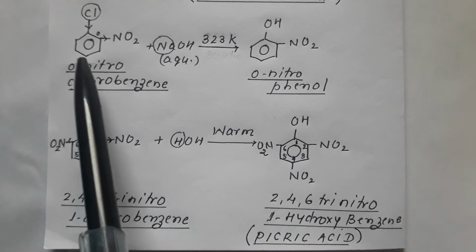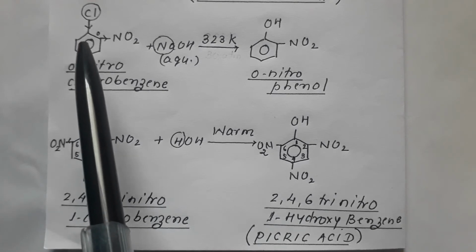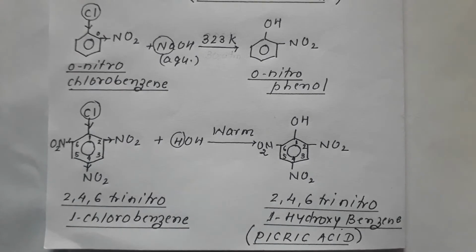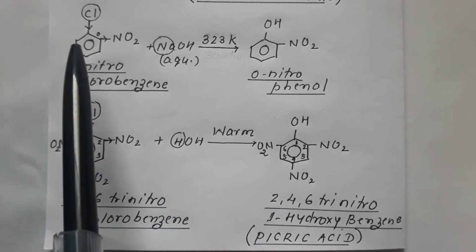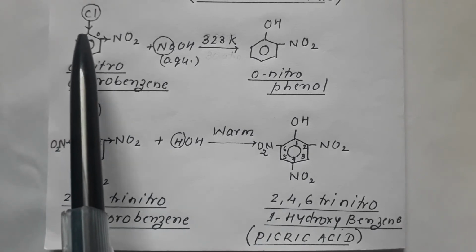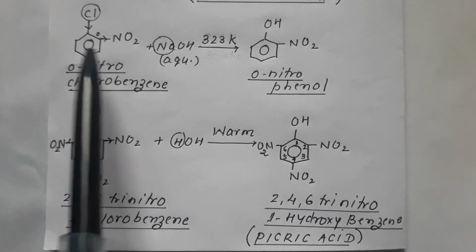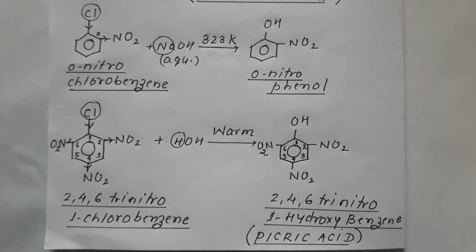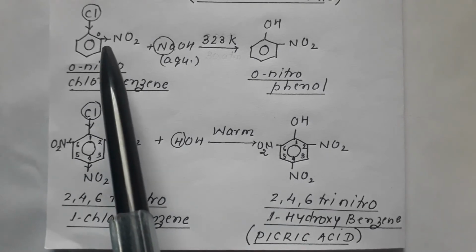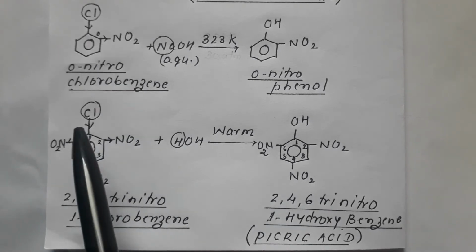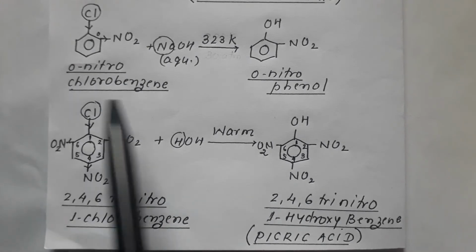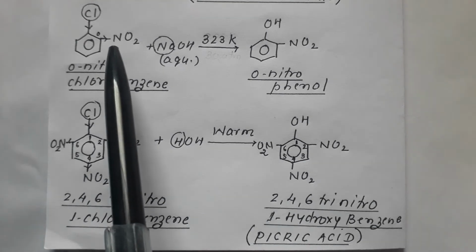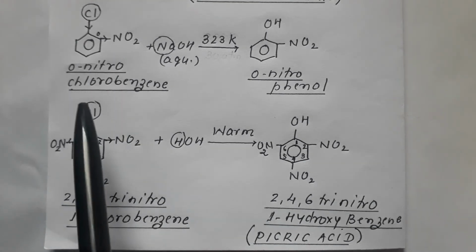So in order to prove this, a question that has been asked a number of times, let us install an electron withdrawing group against this electron donating group. If I install an electron withdrawing nitro group at the ortho position, this compound is ortho nitrochlorobenzene. Instead of chlorobenzene, you take ortho nitrochlorobenzene.